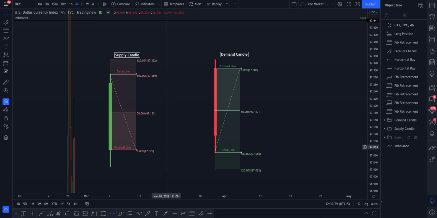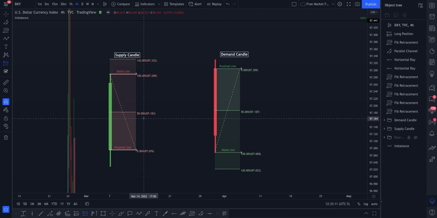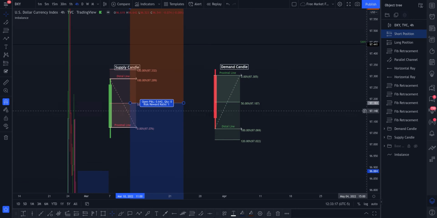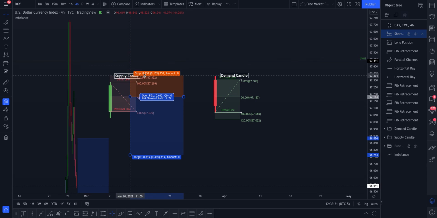You guys see how I pretty much have my Fibonacci set up for when I'm taking trades. I prefer to take the 50%. I'm just going to bring this down. And 120% of the move is typically my stop loss, or just above it.